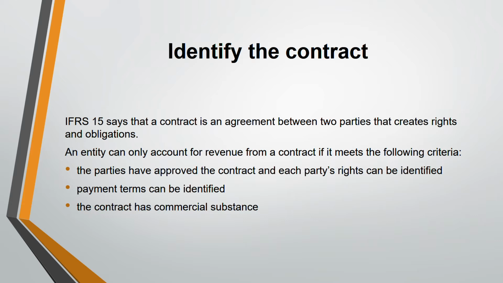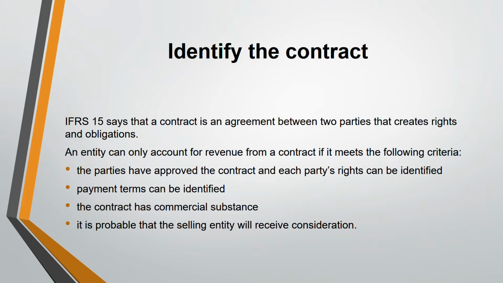For example, a contract for me to supply you 12 chairs has commercial substance, nothing personal there. And it is probable that the selling entity will receive consideration. The one who is selling should have a probability of receiving some money. If these four things are there, then only can you recognize revenue from that contract.